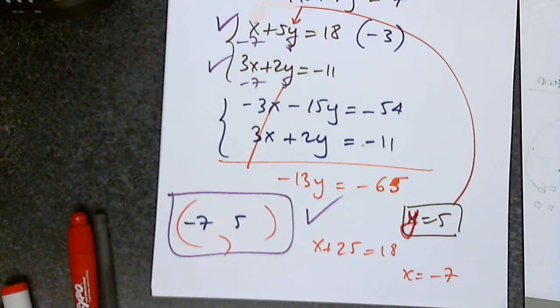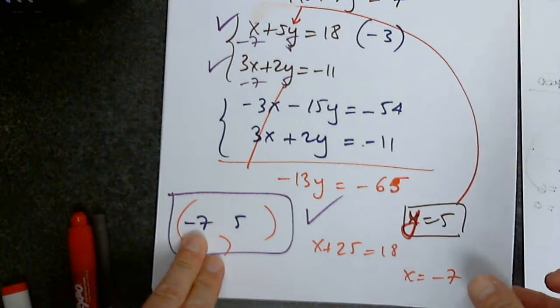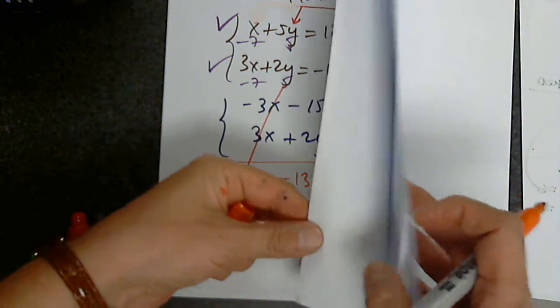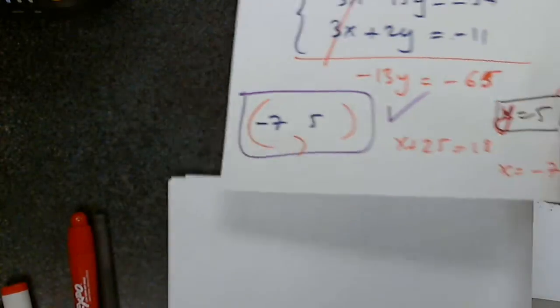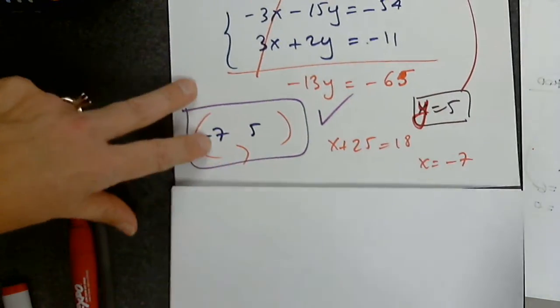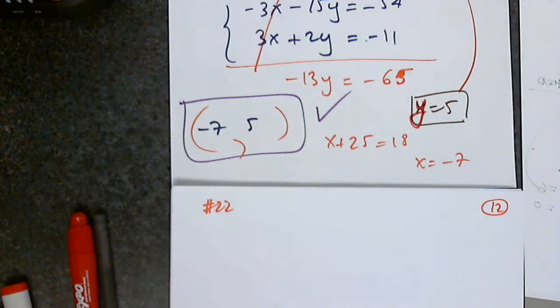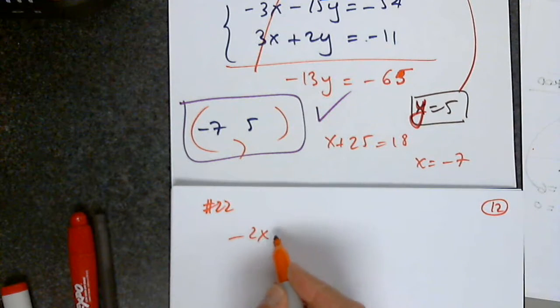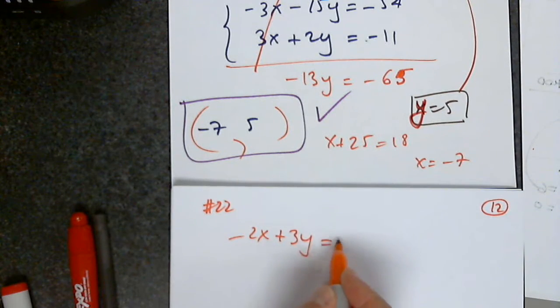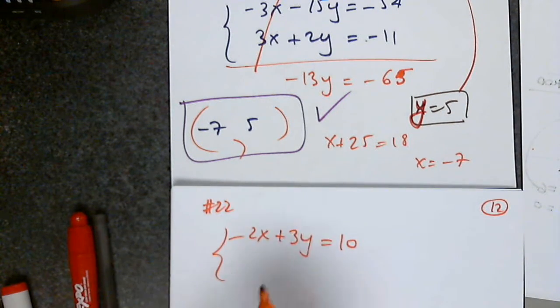Problem 22. Okay, negative 2x plus 3y equals 10, and 3x plus 4y equals 2.